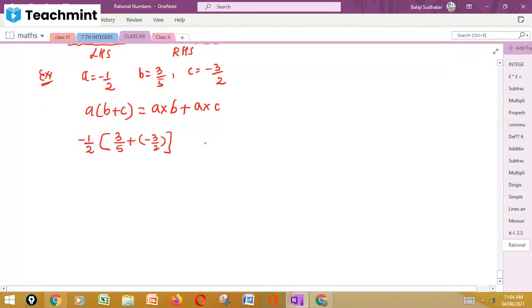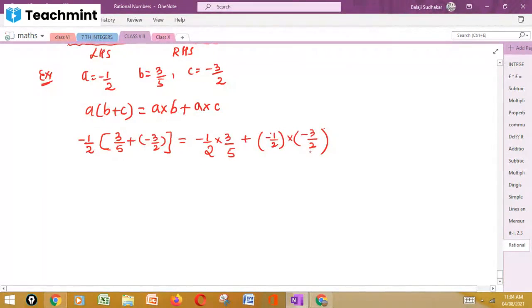This is equal to the RHS: A as minus 1 by 2 into B as 3 by 5, plus again A, minus 1 by 2, into minus 3 by 2. Is it right?